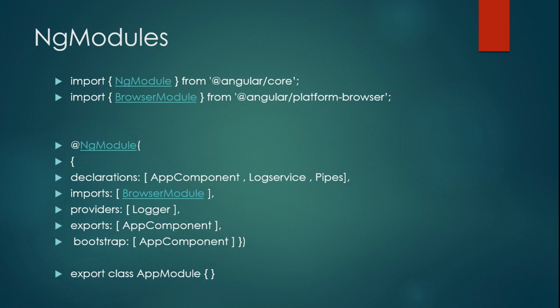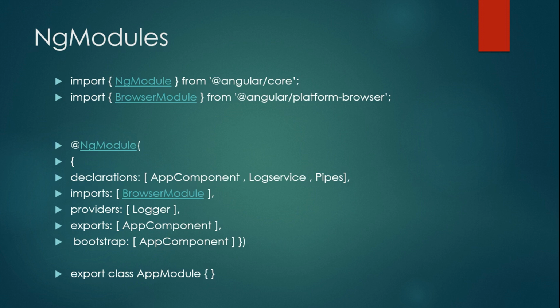The bootstrap property tells, while launching the application, which main component view has to be loaded onto the page. So the bootstrap is the app component, and it loads the corresponding view onto the page. While launching the application, it launches the bootstrapped module.